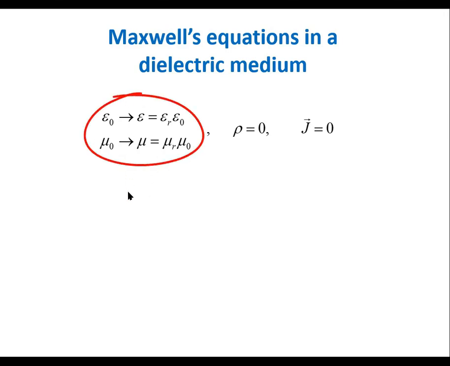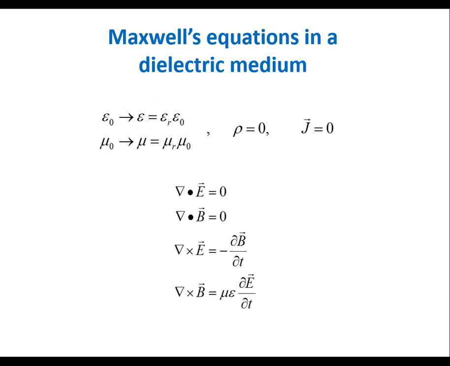For a dielectric medium, epsilon naught and mu naught are replaced by epsilon and mu, the values of which can be found by multiplying the respective terms with the relative terms epsilon r and mu r. Epsilon r is known as the relative permittivity of the medium and mu r is known as the relative permeability of the medium.